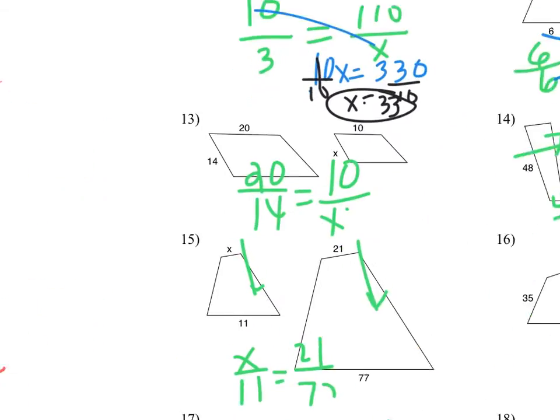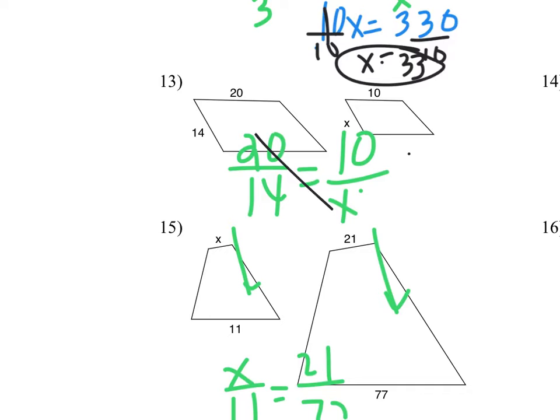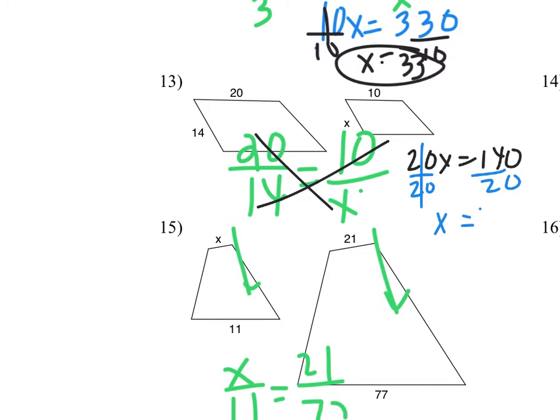Let's do this one really quick right here. 20x equals 140. Divide by 20. Divide by 20. X equals 70.